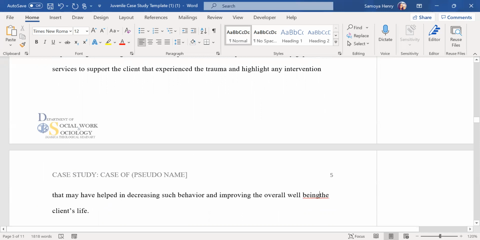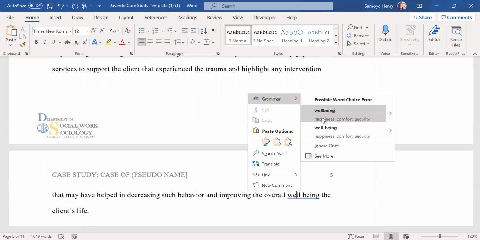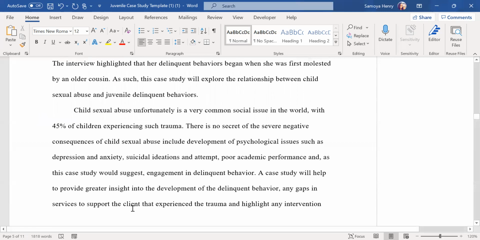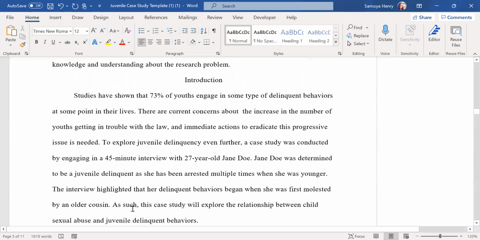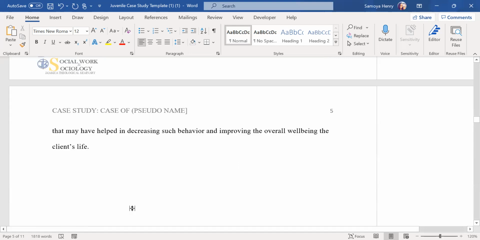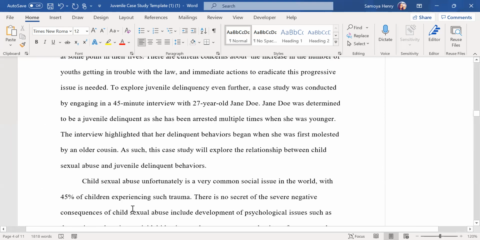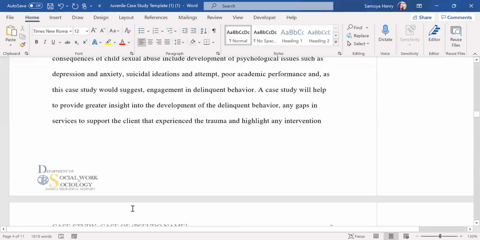And you can go on the internet and they can give you all types of reasons why a case study is very useful.